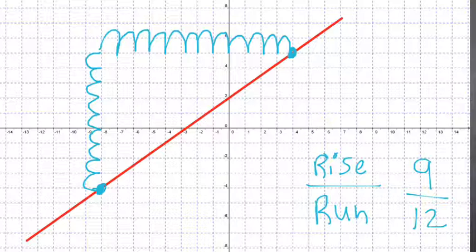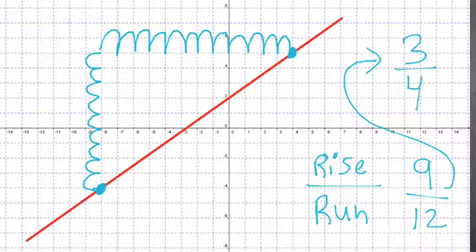Just follow the arrow. All right, 9 over 12. What does it simplify down to be? 3 over 4. 3 over 4 is the slope. That's what you should always have, the simplified version. And it makes sense. Do you know why?